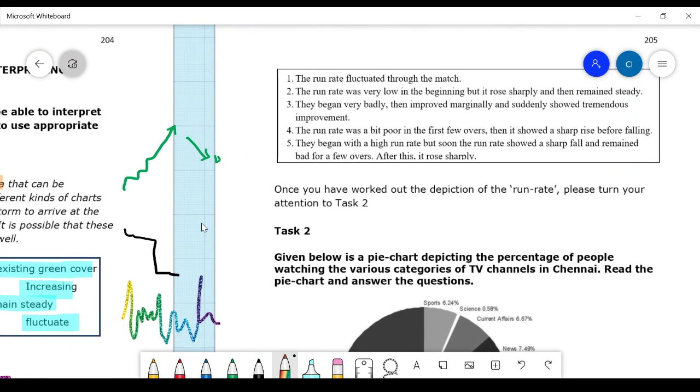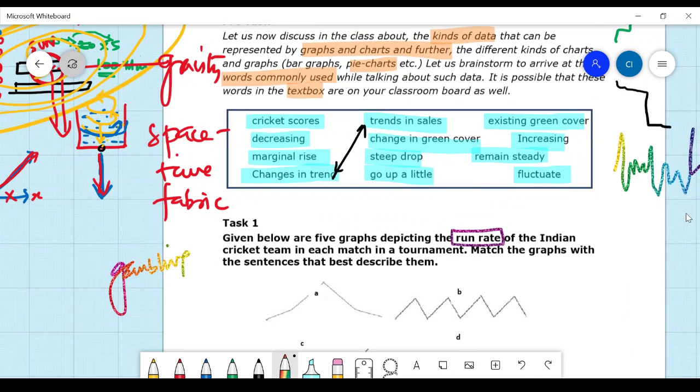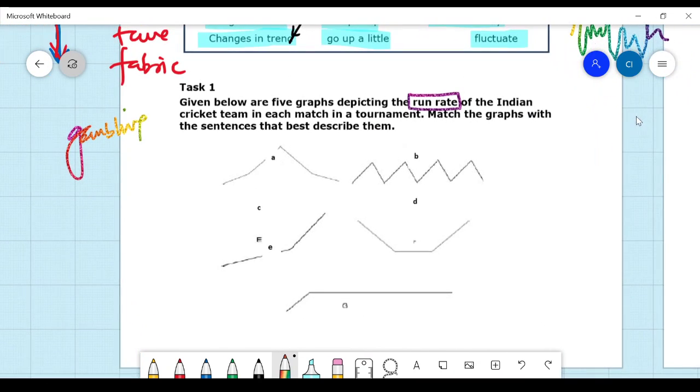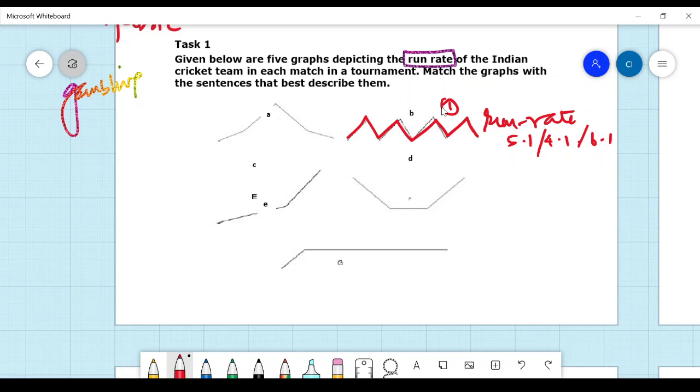So here he is asking you: the run rate fluctuated throughout the match. Which one is that? Here, in this one the run rate goes to 5.1, then 4.1, then 6.1, and keeps going like that. It goes up and comes down, up and down. So this will correspond to number 1.